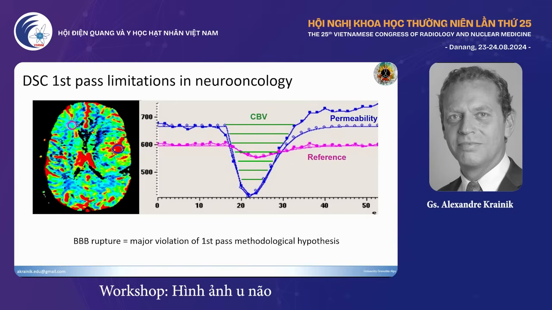Then I told you, here, for instance, you see an increase in perfusion in this area. Here's the baseline in pink, in the white matter, and here's the abnormal lesion in blue.